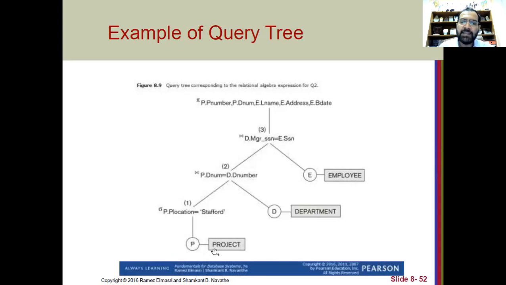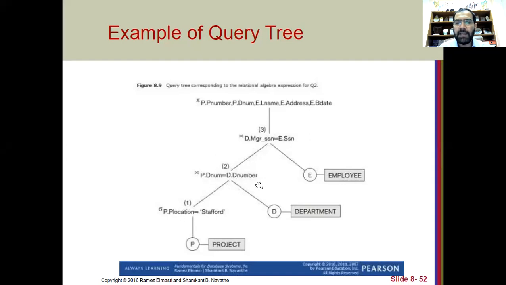Now let's see in the reverse order what we have selected. We selected the location Stafford from the project. So we applied the select operator, and then we applied a join condition with department, where P.Dnum is equal to D.Dnumber. So we have the result over here.